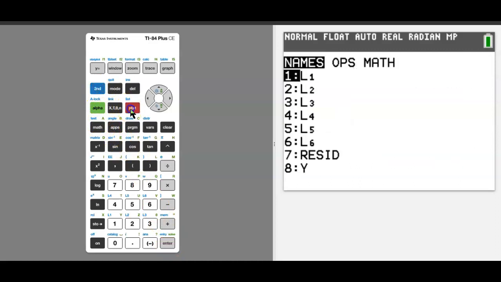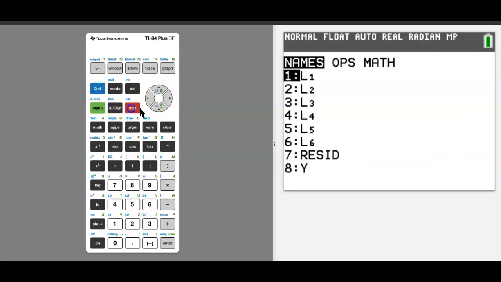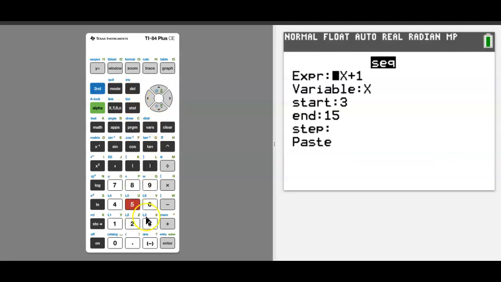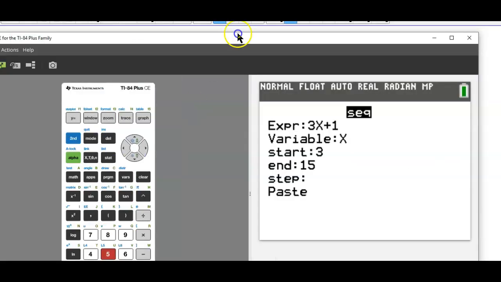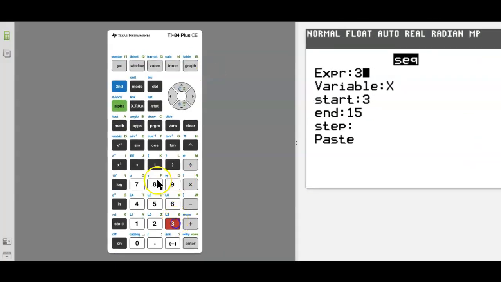Or one more time for an older calculator, it would be math, choice 5, back to the list over to ops, choice 5, and you would type, I forgot the formula, 3 times 1/2 to the, now even here I think you're going to need parentheses around the exponent, okay, because it's not in a little box.